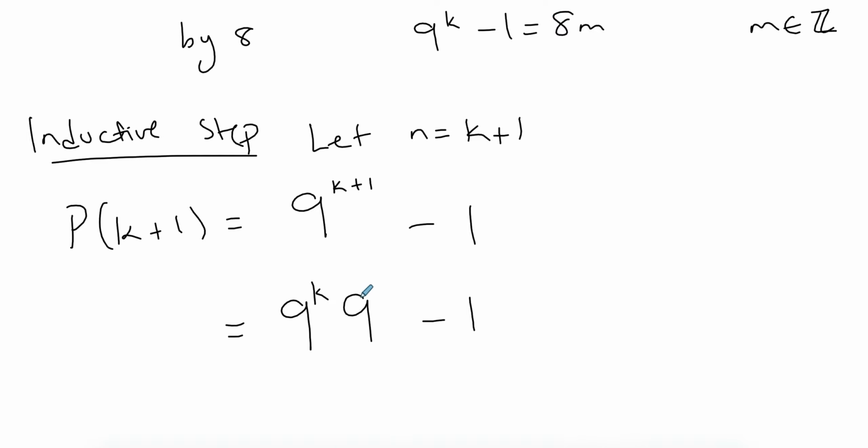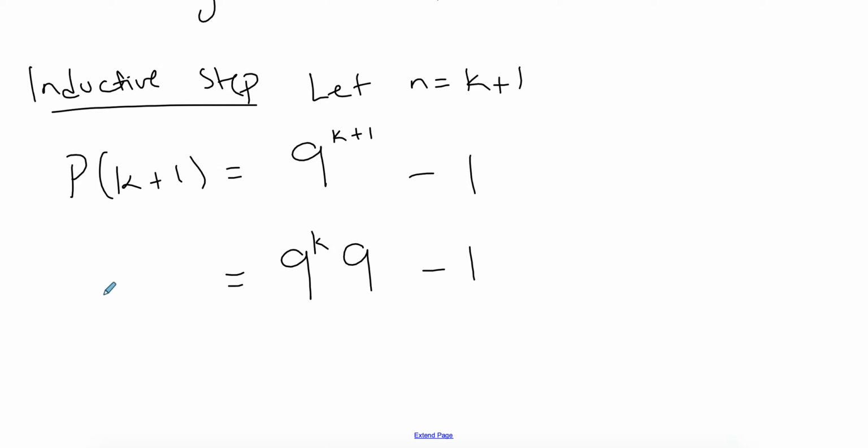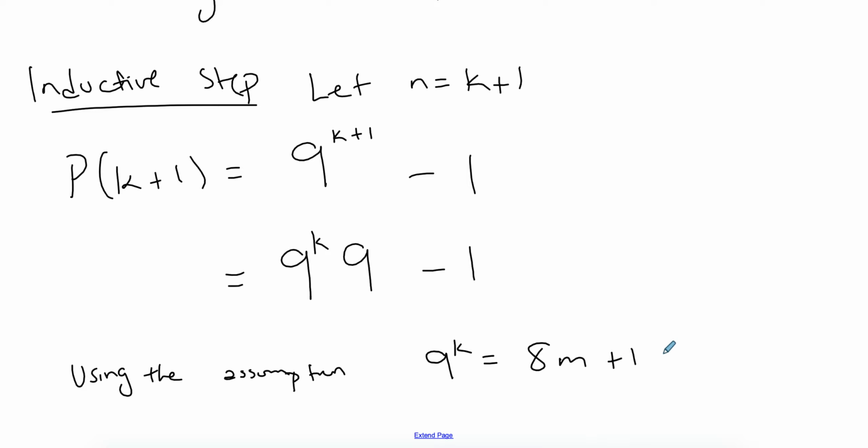Right now, the 9^k is stuck to the 9. So what if I rewrite this? So I could say, using the assumption, 9^k is actually equal to 8m plus 1.